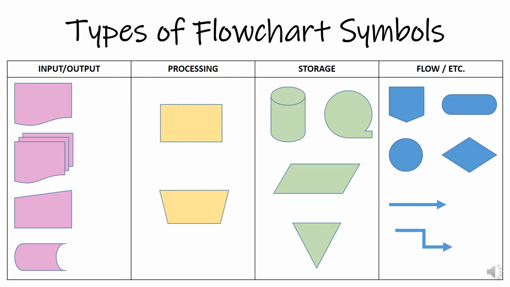The parallelogram shape indicates storage in a general ledger, and the triangle indicates filing of a manual document. In the final column, the flow symbols, the off-page connector indicates connection to another process off page, while the circle indicates connection to something on the same page. The diamond indicates a decision point, and the pill-shaped box indicates the beginning or the end of a process.